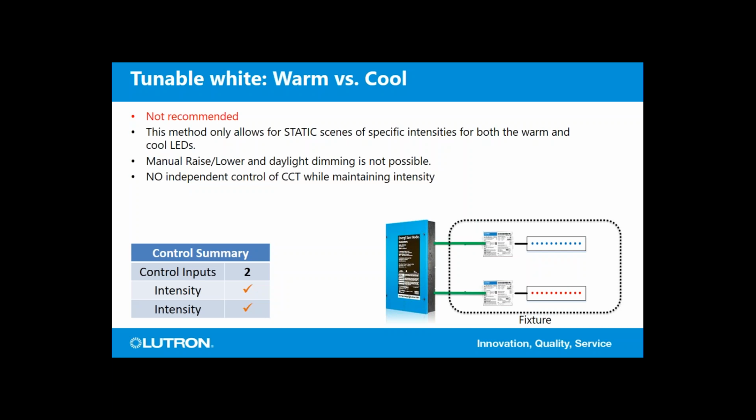So if I want to leave the intensity where it is and I want it to be cooler in the room, I can't take a single control and actually adjust that. I still have to adjust both of them. And vice versa, I can't actually control the intensity while maintaining CCT. And it's not supported with the color temperature slider in Quantum 3.3.